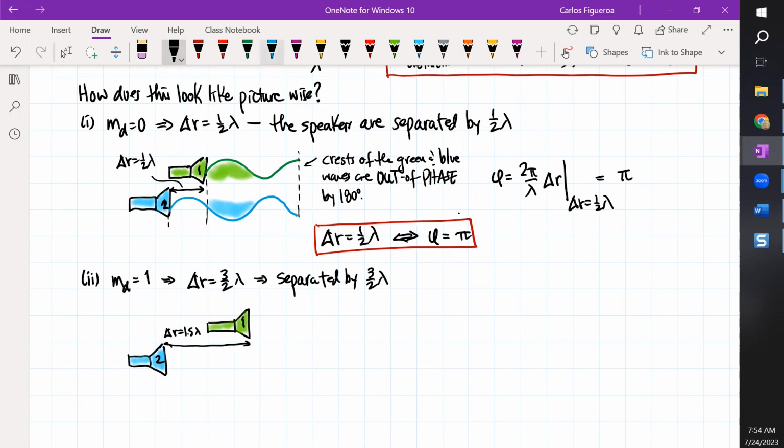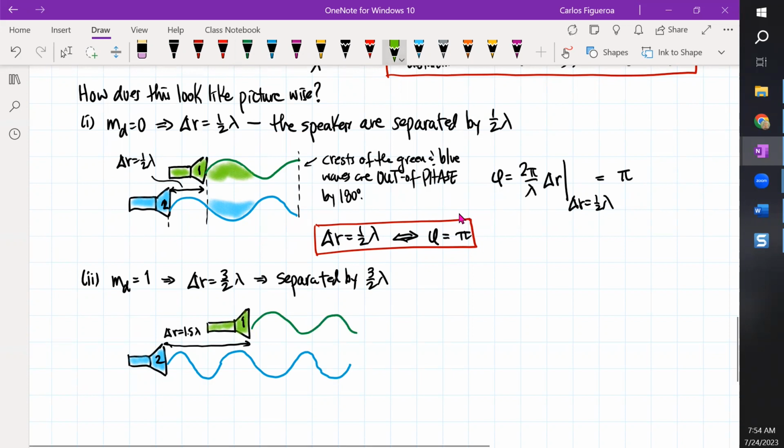So if I look at my waves now, this has to be half a wave, and then, oops, that's two. I think that's too much here. I need to have 1.5 waves. So I go 1, and then I have my half right there. Then they are out of phase again and again, continually out of phase.